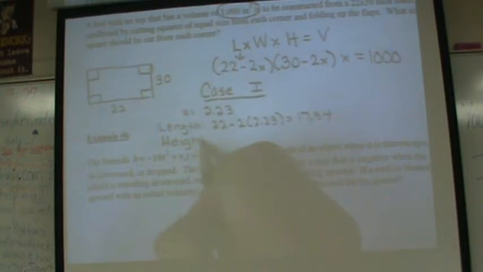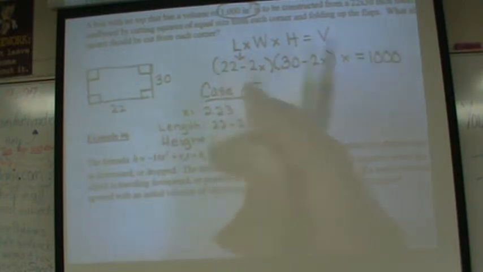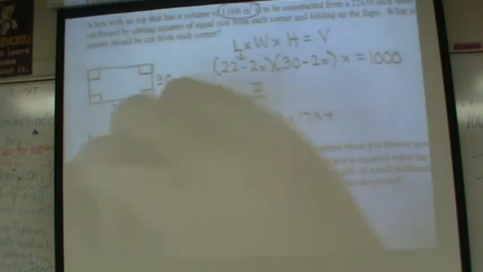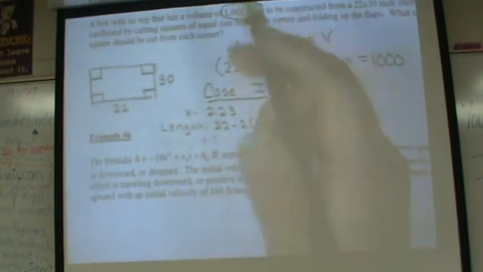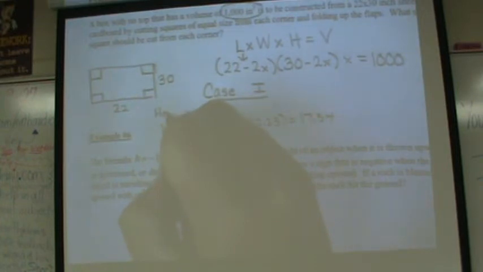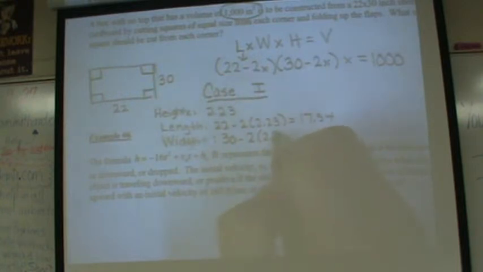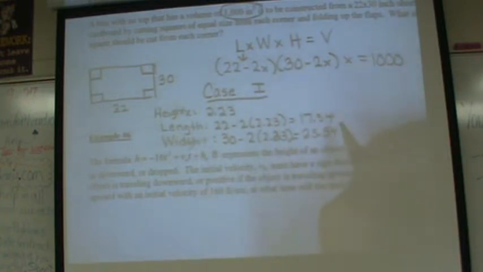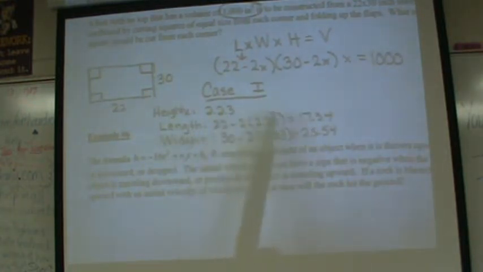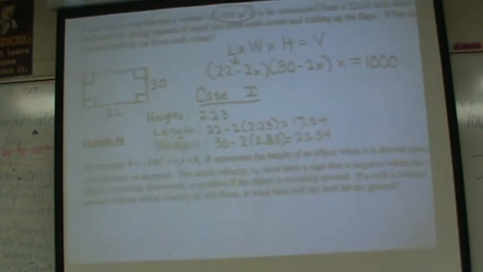The height we said is x, so height is x. And your width is going to be 30 minus 2x, 2.23, and for that I got 25.54. So case one, the dimensions would be 2.23 by 17.54 by 25.54.